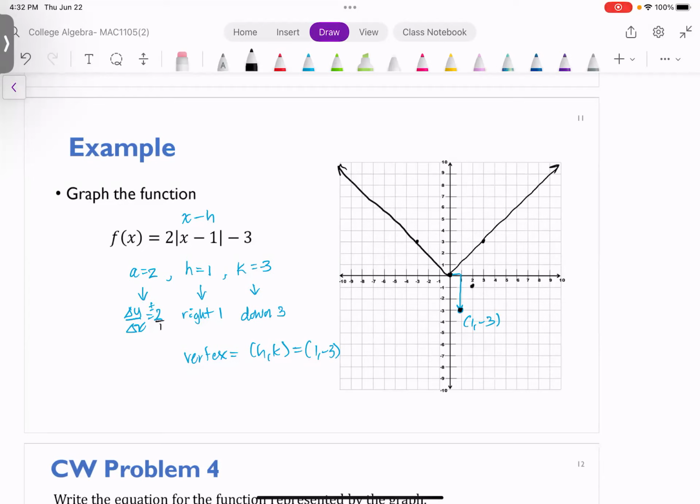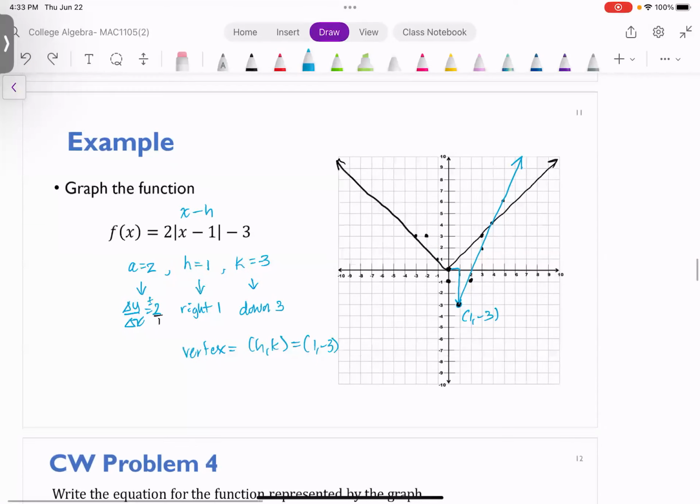And I'll do a few of those, right 1, up 2, right 1, up 2, right 1, up 2, and so on, so that I'm able to get this shape here. And on the left, I'm going to do the opposite. I'll go left 1 and up 2, left 1, up 2, left 1, up 2, and so on. So I complete my symmetric V.